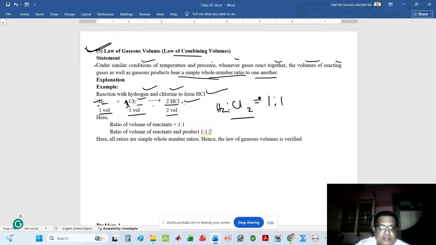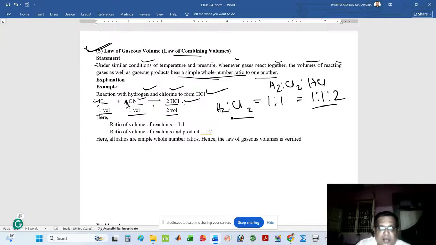So here I can write H2 ratio Cl2 ratio HCl, that is 1:1:2. If you want the ratio of the products, only one product is given, so it is impossible to find the ratio of the product.